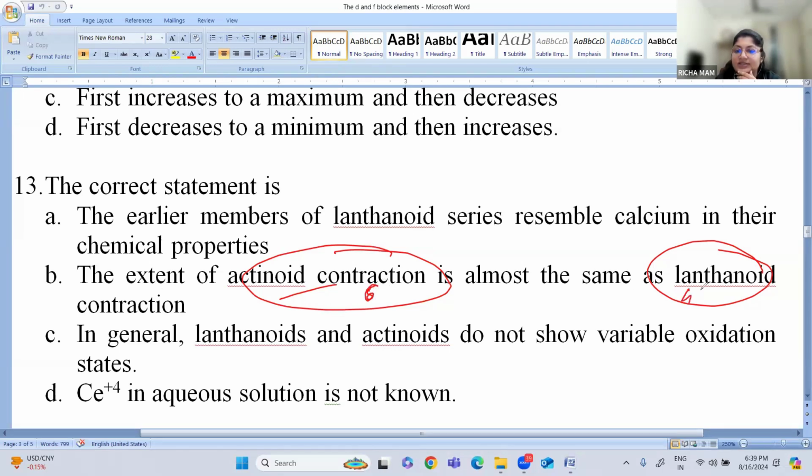Here you can see there is intervening of 4f orbitals, and here it is intervening of 5f orbitals. So it is not almost the same. So this is a wrong statement.